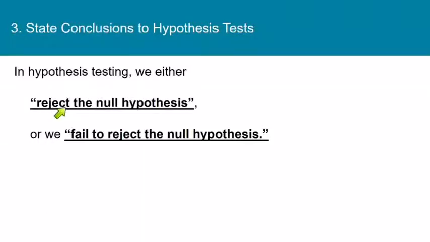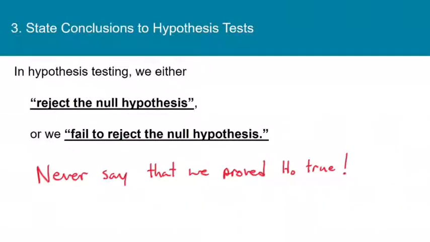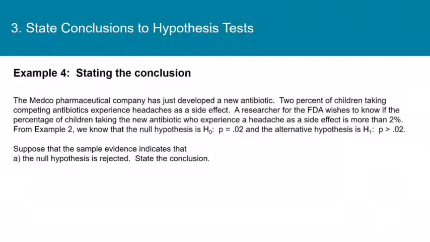Notice again, we don't say that we accept it or we prove it. We say that we reject it or we fail to reject it. So this is like a jury coming back and saying, we convict this person, we reject his plea of not guilty, or we acquit this person, we fail to reject his plea of not guilty. Again, we never say that we've proved H0 is true.